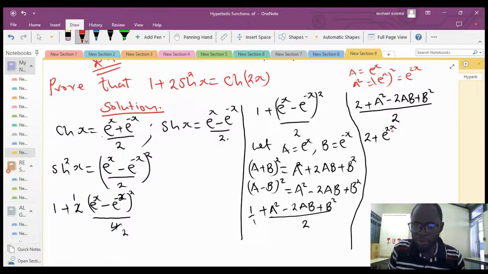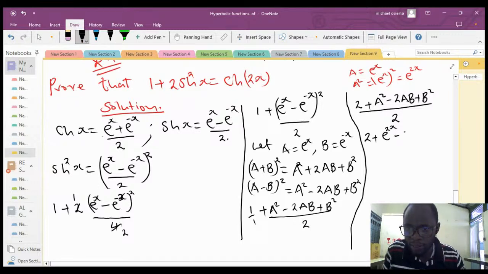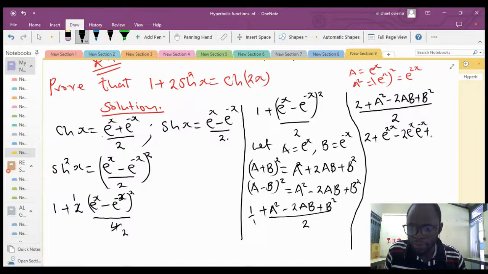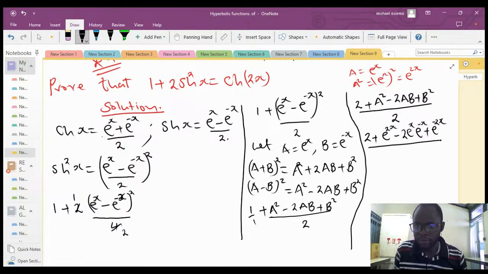So that's why we have put our 2x here. And then we proceed, minus 2 exponential x, exponential negative x, then plus exponential negative 2x, and all this over 2.